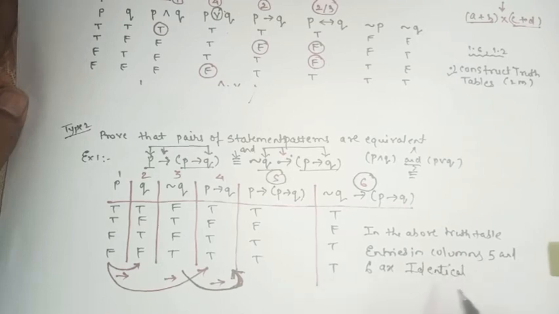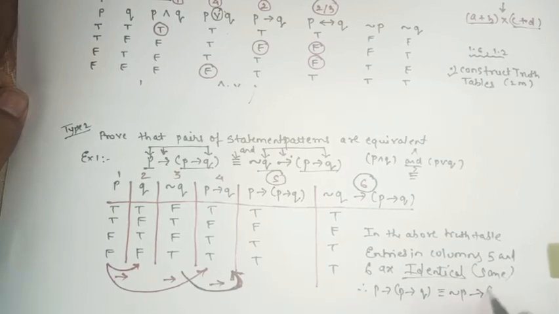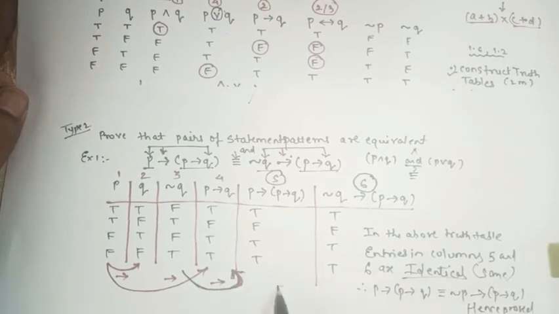What will you use in place of same word? You will use the word identical. So hence we can say that, again you will write the same question with the equivalent symbol. Okay, and then you will write hence proved. That's it.